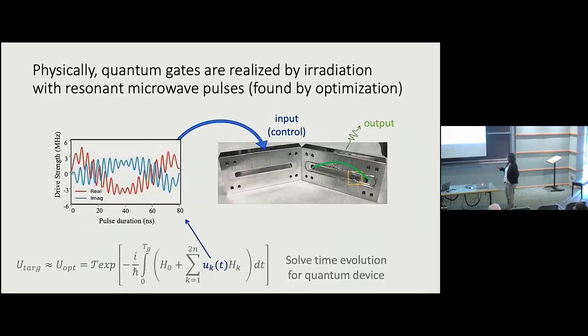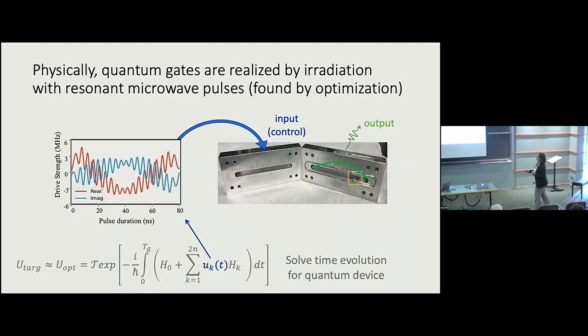Okay, so that was a physical representation of a qubit, and now, how are quantum gates physically implemented? Well, at least in this specific case, quantum gates are realized by making the system evolve under the irradiation of some resonant microwave pulse.